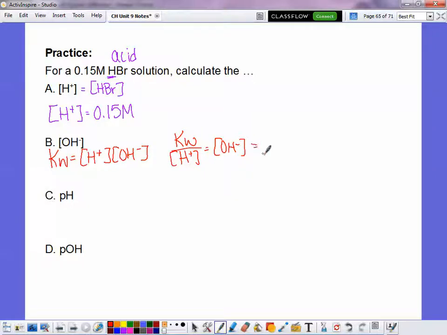So I can plug in what I have. 1.0 times 10 to the negative 14, which is a value that's never going to change. We're going to divide that by the concentration of my H plus, which is 0.15, and that will get me my OH minus concentration. So go ahead and do that calculation on your calculators.